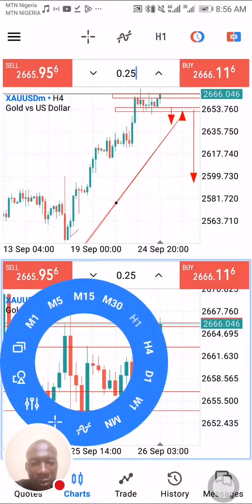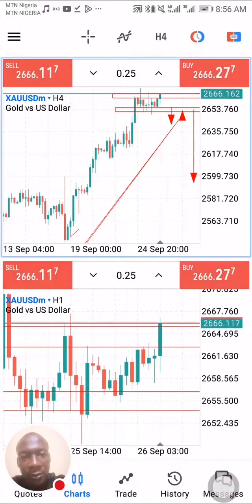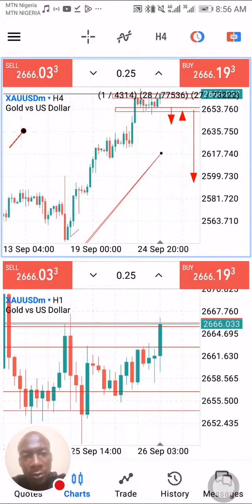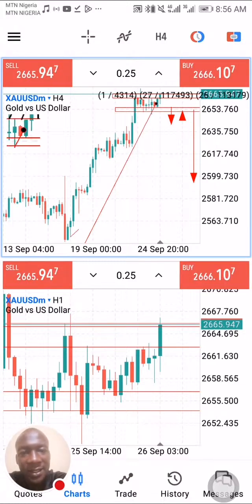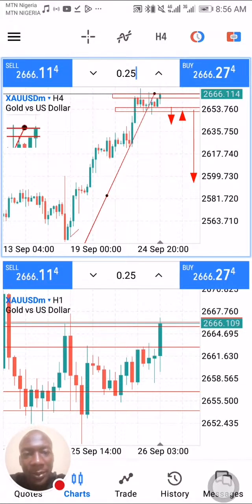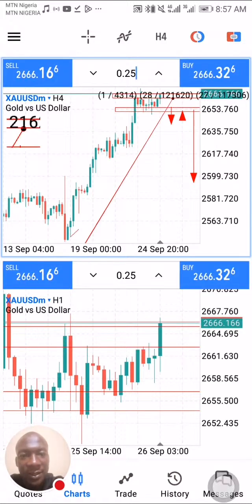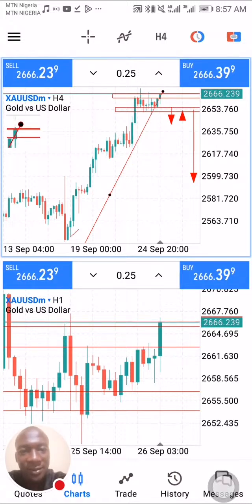So we are back on gold, and gold is breaking that level above. If price managed to break and close strong above this level, we'll be buying the market all day. But I need to see a 4-hour candle close above this level.